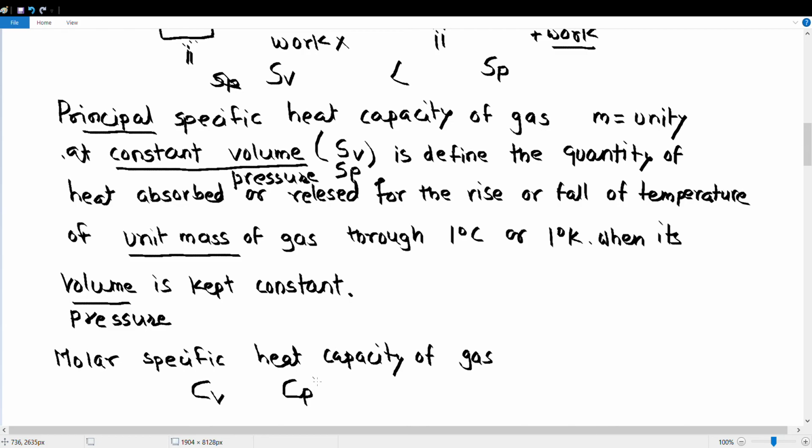Here the only change is, instead of unit mass, we take 1 mole of gas.